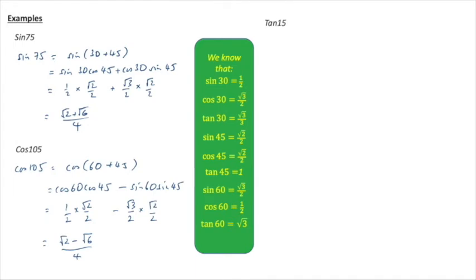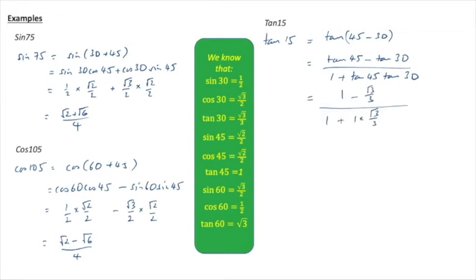Tan of 15. Well, you can probably guess what's going to happen for this one. Yes, you're right, it's tan of 45 take away 30. That's going to be tan 45 take away tan 30 over 1 plus tan 45 tan 30. We pop the fractions in: 1 take away root 3 over 3 divided by 1 plus 1 times root 3 over 3. If we times the top and bottom of these fractions by root 3, we end up with 1 times root 3 is root 3.